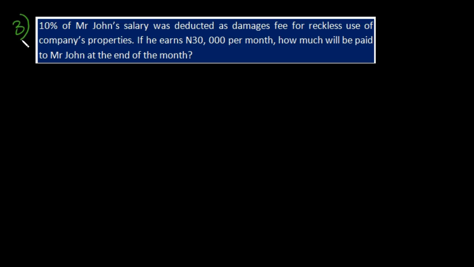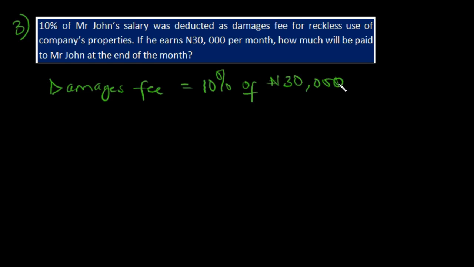Number 3. 10% of Mr. John's salary was deducted as damages fee for reckless use of company's property. If he earns 30,000 naira per month, how much will be paid to Mr. John at the end of the month? Now we have damages fee. So this is a little bit different. Damages fee equals 10% of his salary, which is 30,000 naira.